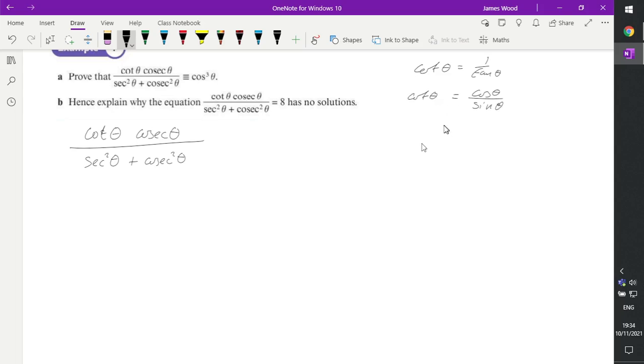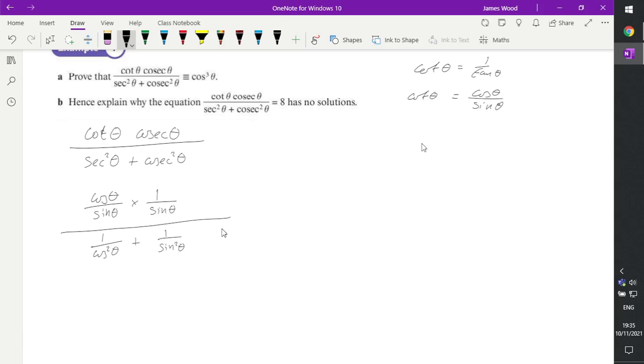So instead of tan being sine over cos, cot is cos over sine. So you've got cos theta over sine theta times 1 over sine theta on the top of the fraction. And on the bottom, I've got 1 over cos squared theta plus 1 over sine squared theta.